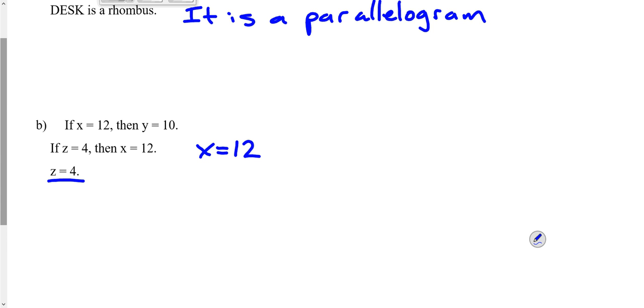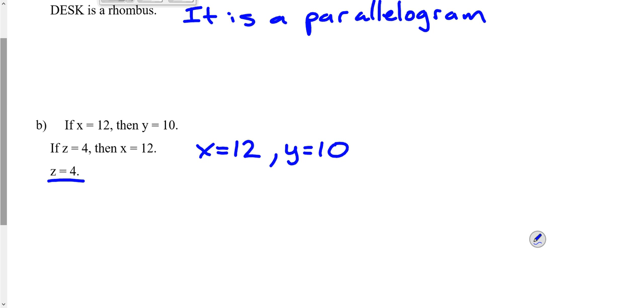What happens if we know x equals 12? y equals 10. So we know x equals 12 and y equals 10. And this kind of assumes also that we're combining both of these statements, that they're not just standalone and separate situations.